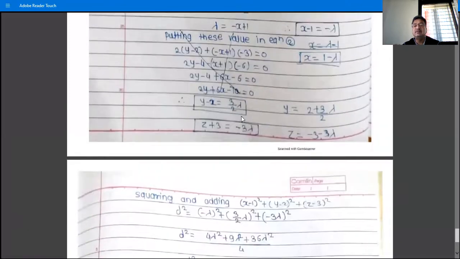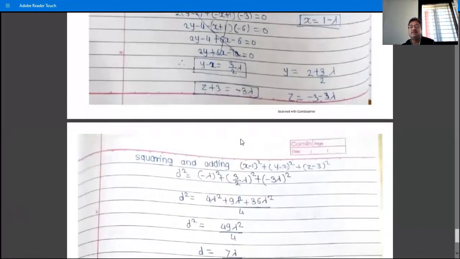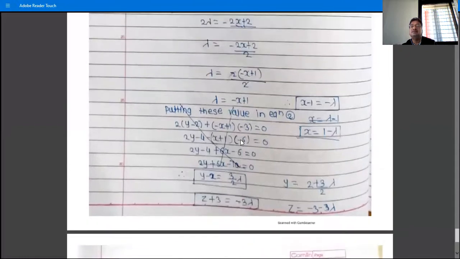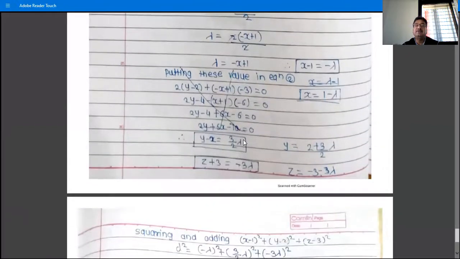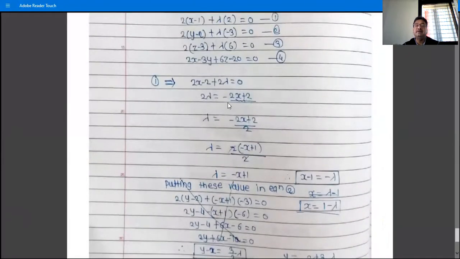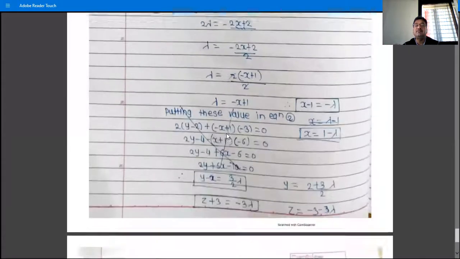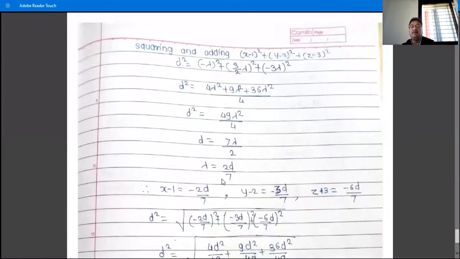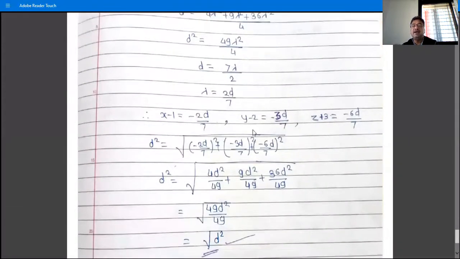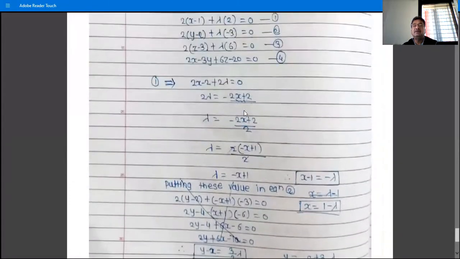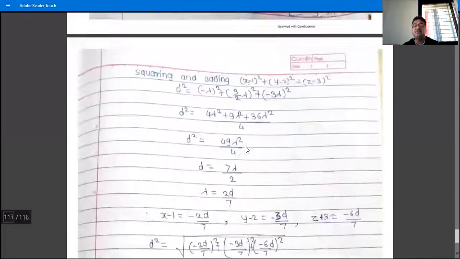So we have the value of lambda, and then substitute that lambda in these values of x, y, z. We get the values of x, y, z.